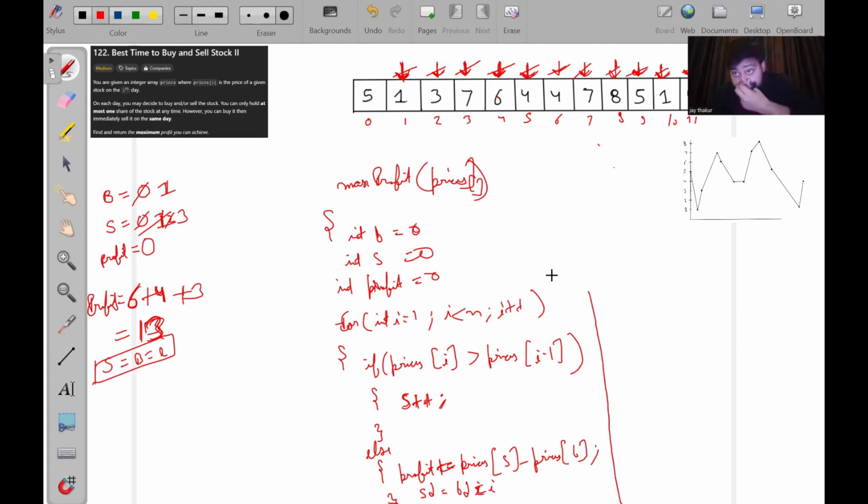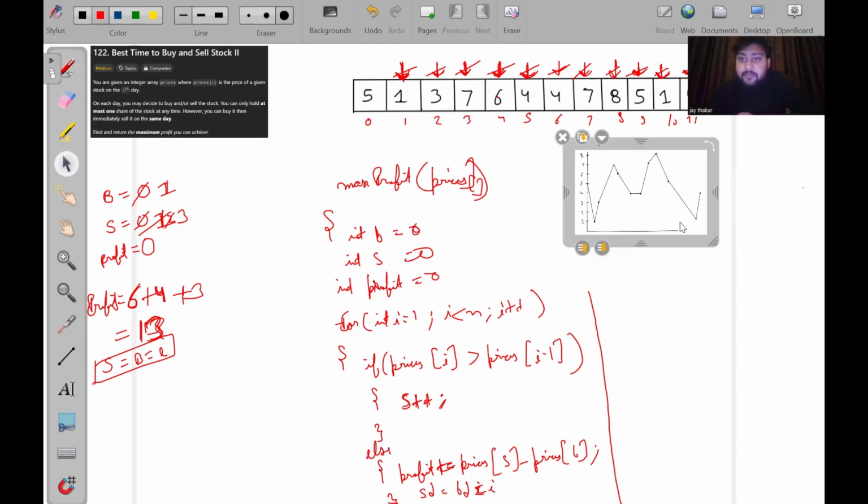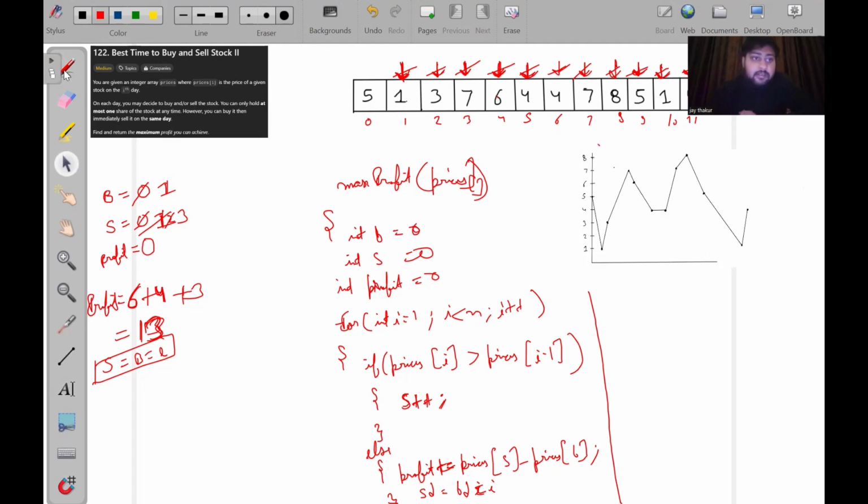And after that, in the last, we haven't added that profit. If we see in this graph, at this place we have bought the stock, but we haven't sold it because we have just increased the selling counter, but we haven't sold this. So we will not get any profit from this in that code, so we have to handle this case differently.